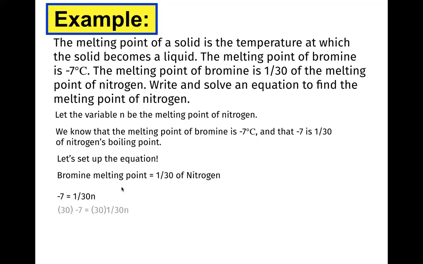In this case, just multiply both sides by 30. 30 and 1/30 cancel out, and then 30 times -7 equals -210 degrees Celsius. n is isolated, so you've finished solving the equation, and you can put as your solution that the melting point of nitrogen is -210 degrees Celsius.